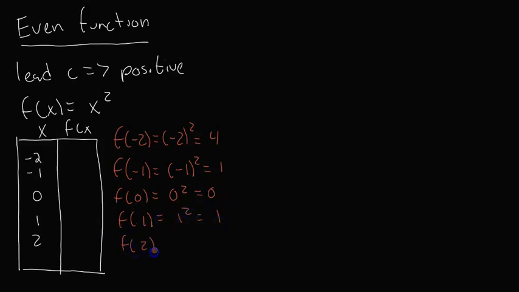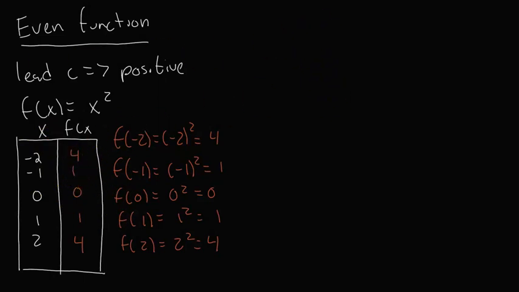And f of 2 is going to be 2 squared, which is 4. So the result in this table is 4, 1, 0, 1, 4. And if you notice, all of the values are actually positive. Regardless of what I put in for my x, all of my values are positive.